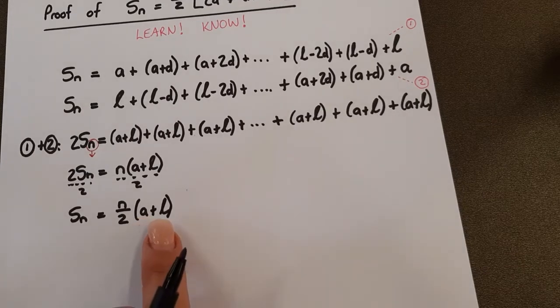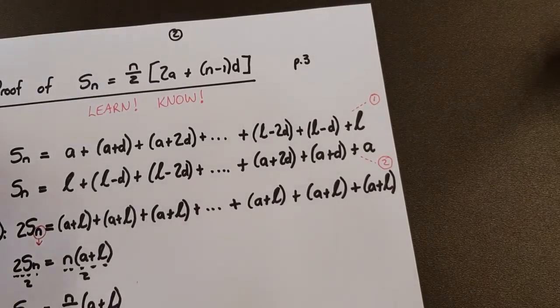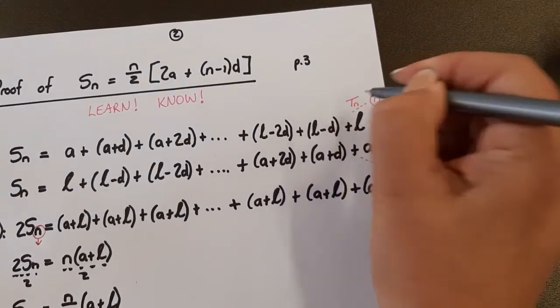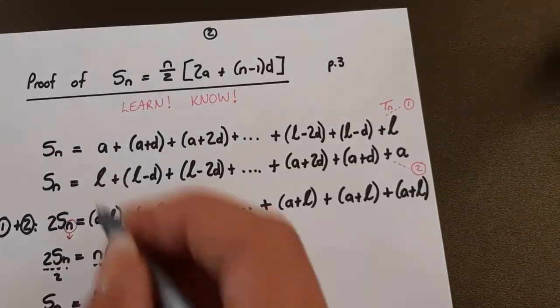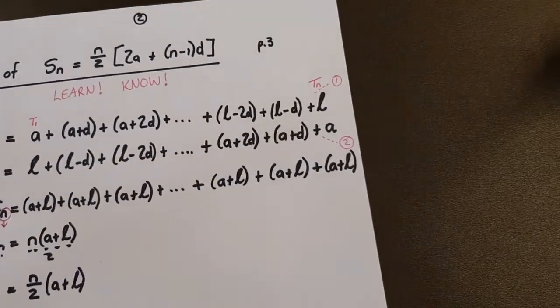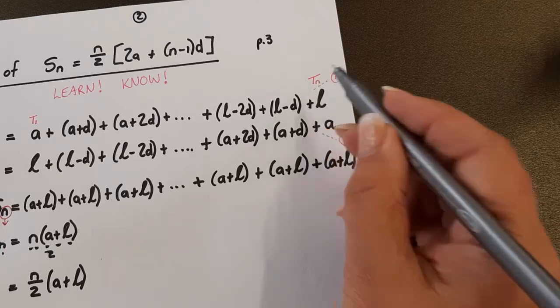We know that our last term in the first row was Tn, just as we know that the first term is a. So our last term L can be substituted with Tn.